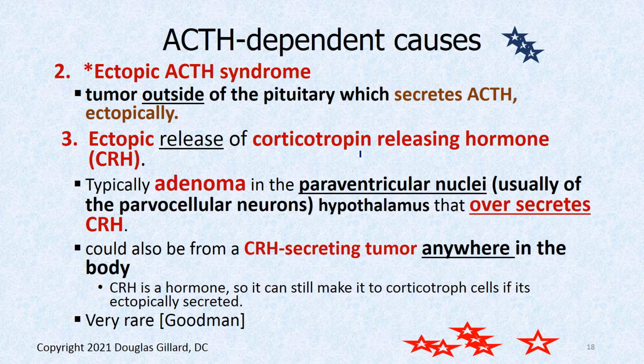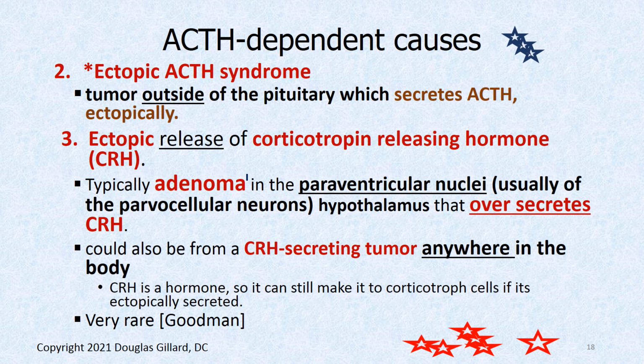How about the ectopic release of CRH? How about a tumor in the parvocellular neurons? That could do the trick as well. Goodman calls it ectopic, but it's not really ectopic if it's releasing CRH from the hypothalamus. But you can have ectopic CRH-releasing tumors from other places as well.